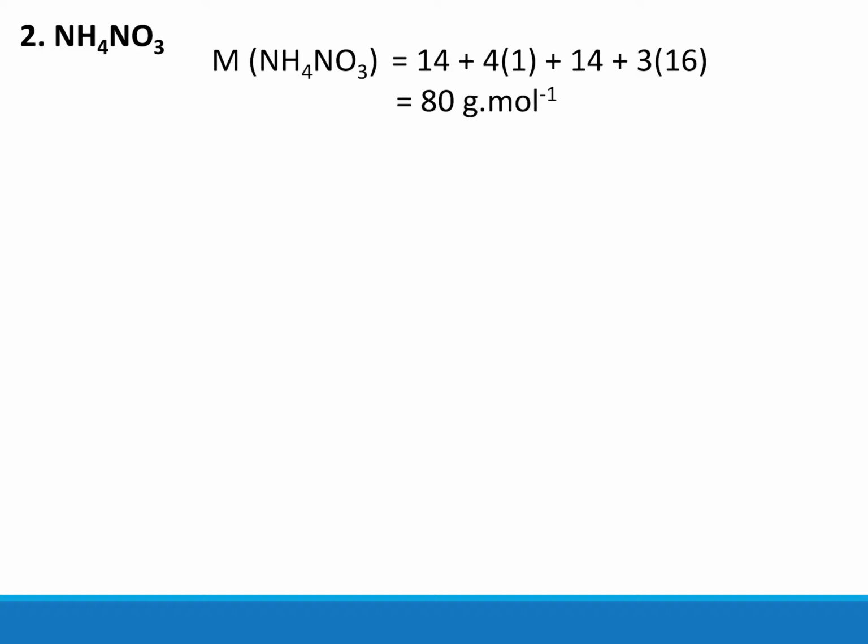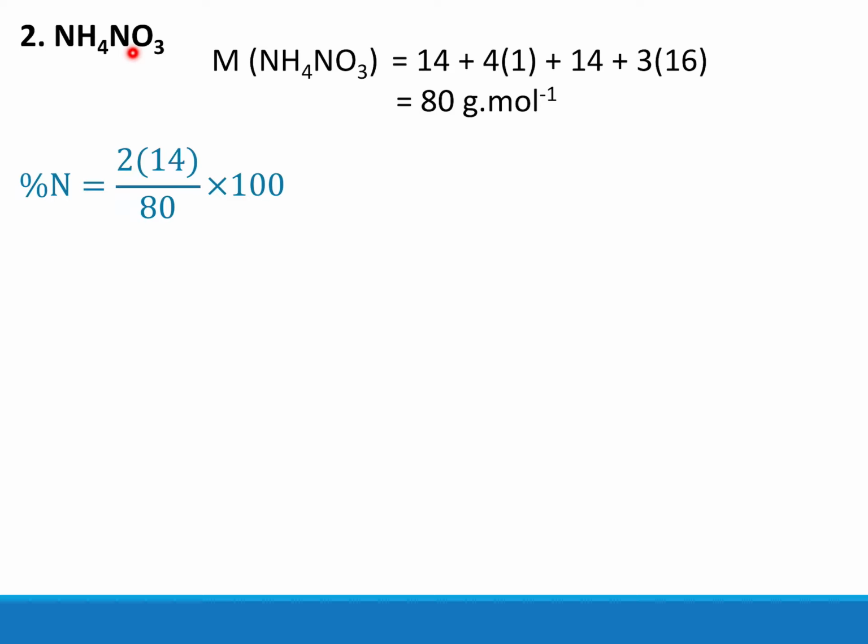Next one, ammonium nitrate. A little more difficult. So we have ammonia, nitrogen, hydrogen, nitrogen, oxygen. The total is 80. Be careful. Why am I saying that it's 2 times 14 for the nitrogen when there's only 1 there? Because there are 2 in total.